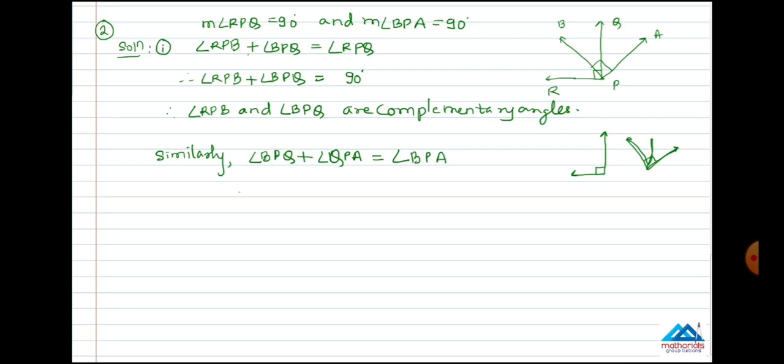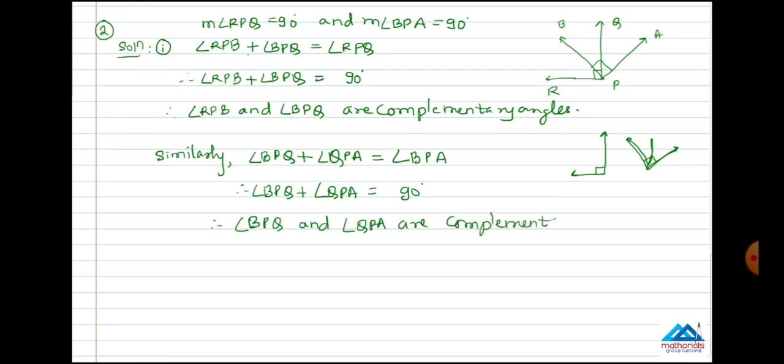We will write these two angles as they are, and in place of BPA we will put the value 90 degrees, which is shown in the figure. So we get the other pair of complementary angles, BPQ and QPA. Complementary angle means the sum of the two angles is 90 degrees. So here our first sub question is completed.